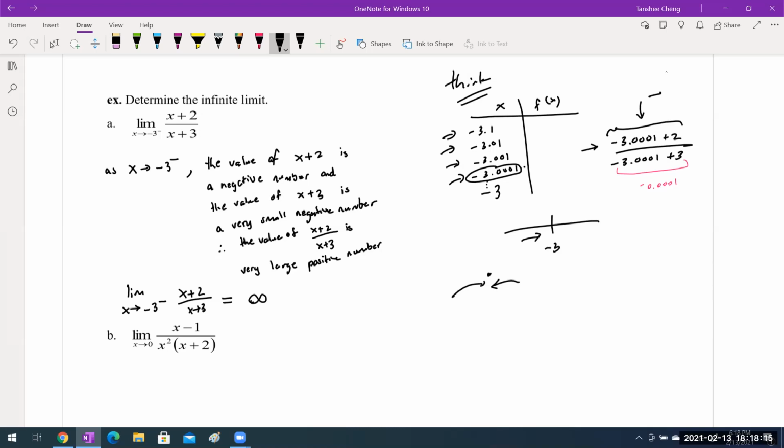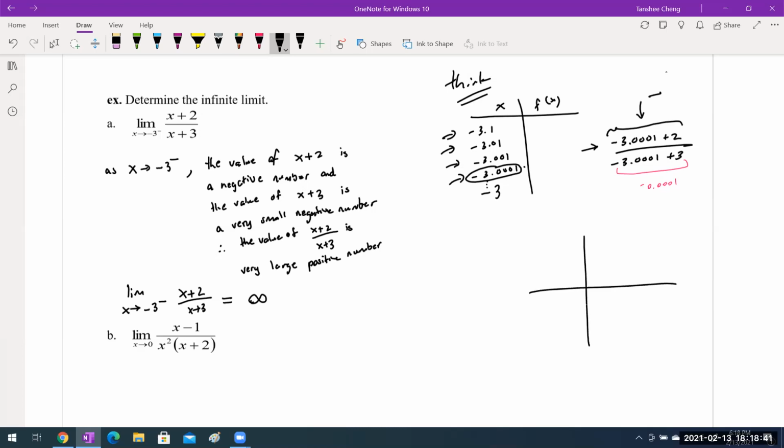Because you can clearly see that the function has what? Undefined at -3, right? Now, you can also think about this idea by using graphical methods, if you can graph your rational functions quickly from what we learned in pre-calc.